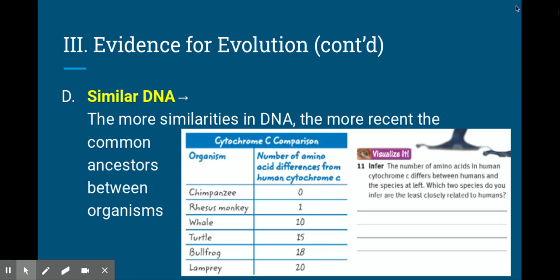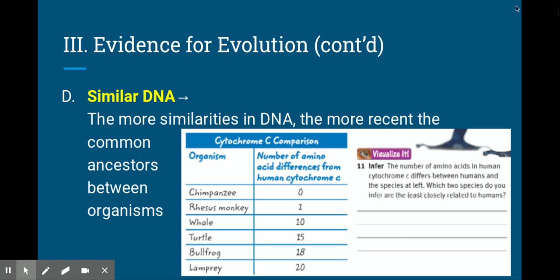Another piece of evidence for evolution is that we all have similar DNA. If you were to actually look at the differences in our DNA, you would see the actual molecules being very, very similar to each other.